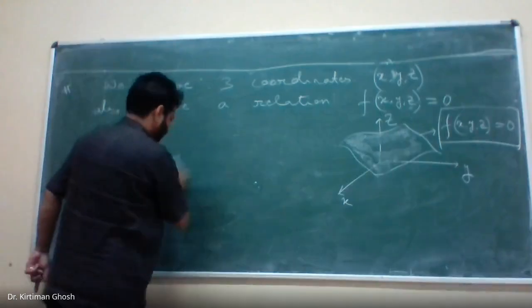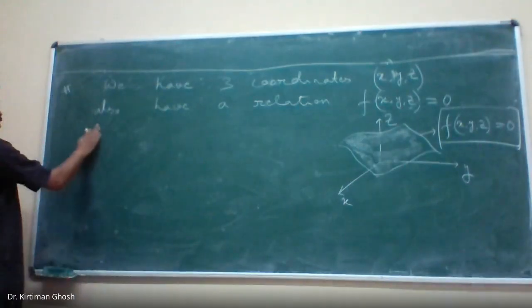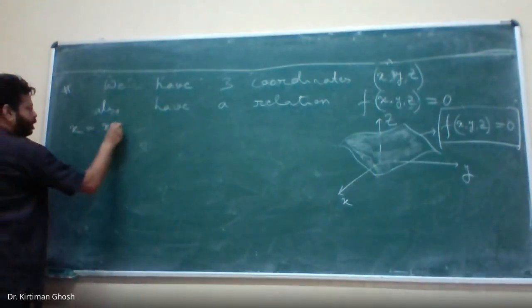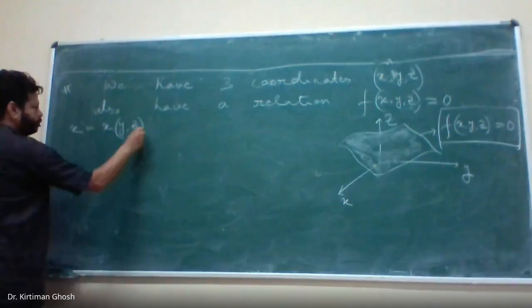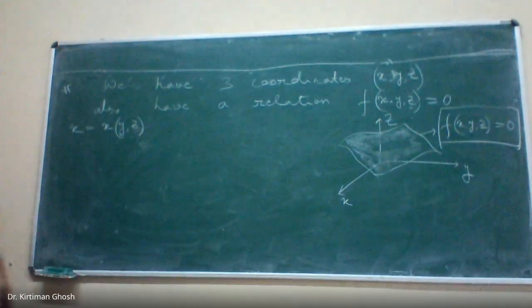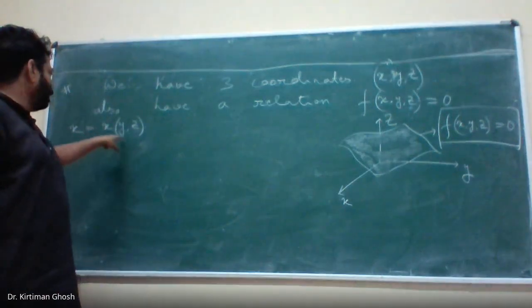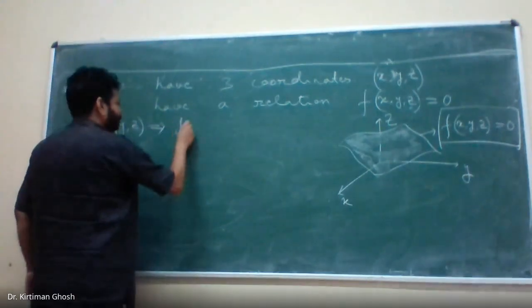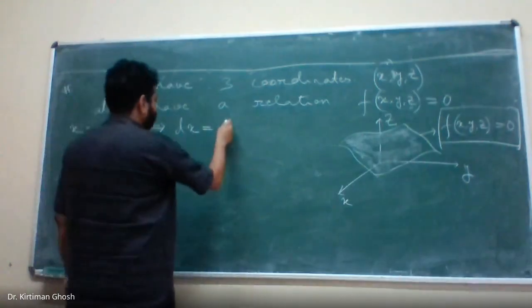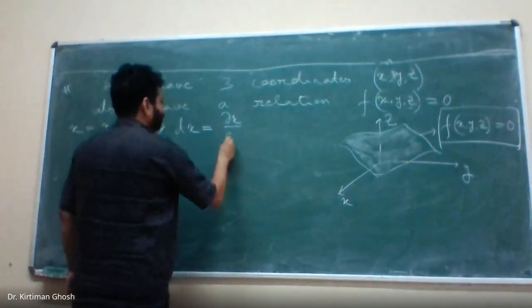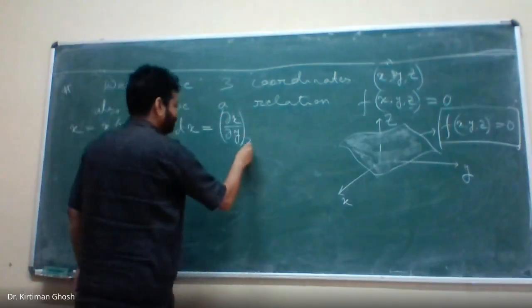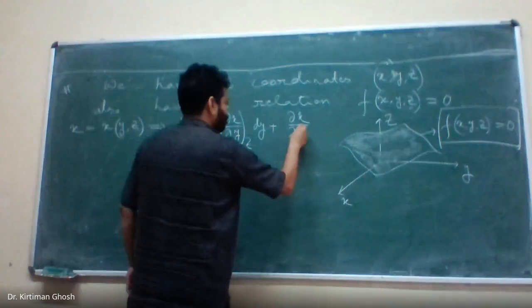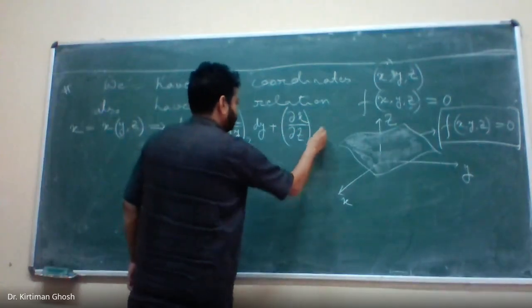Now, what is the consequence? Let us take one particular representation, where x is a function of y and z. Now, if I infinitesimally change y to y plus dy and z to z plus dz, then from the previous knowledge I can write dx is equal to del x by del y at constant z dy plus del x by del z at constant y dz.